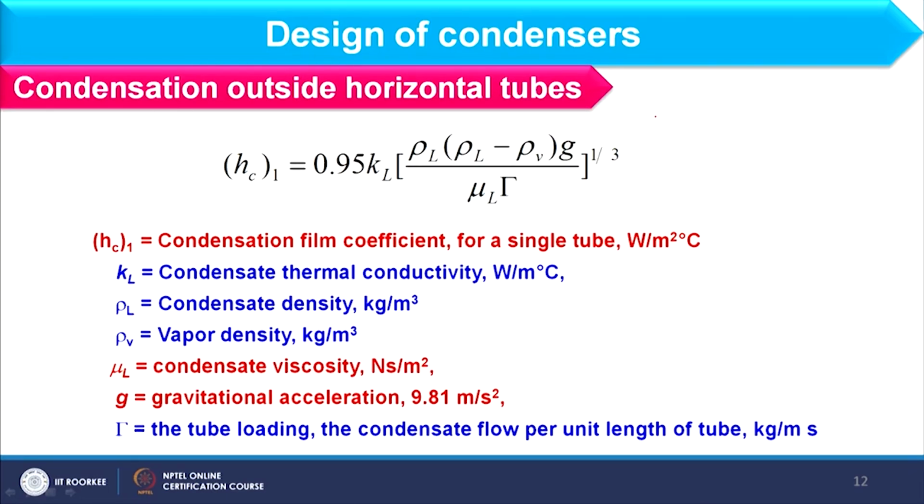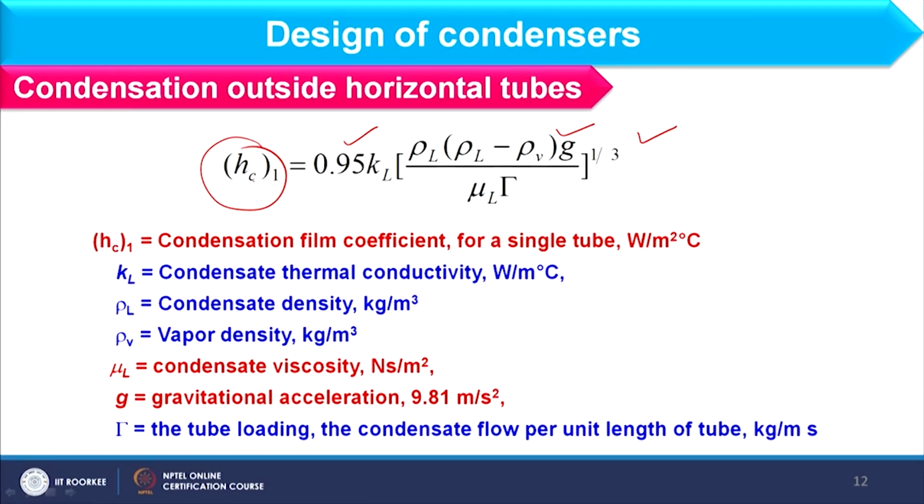So, if you see, for this case we have an empirical correlation given by Nusselt, and this is represented by hc1, which is equal to 0.95 kL, and the complete expression is shown over here. Okay. So, let me first focus on these parameters and then we will discuss this in detail. Okay.